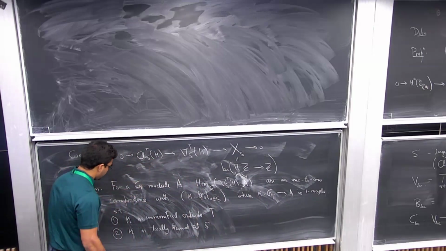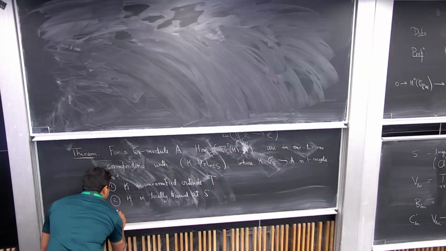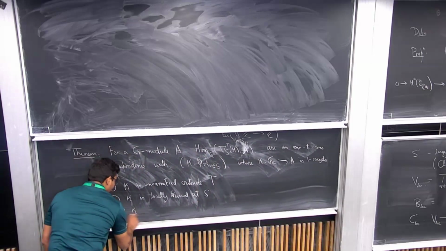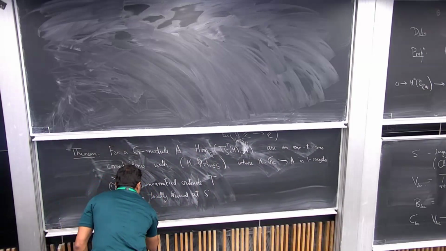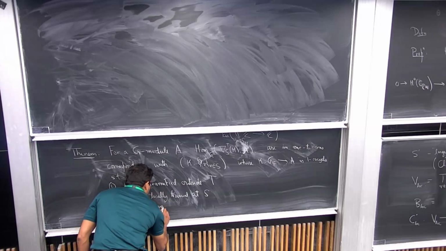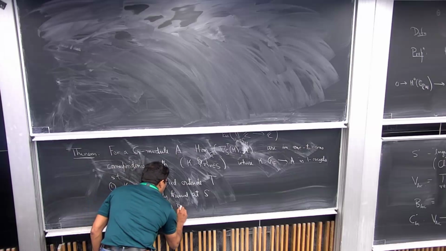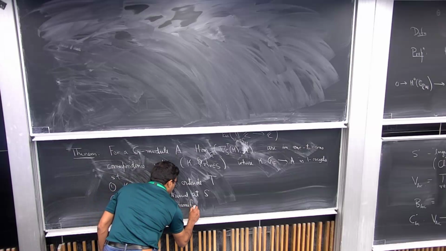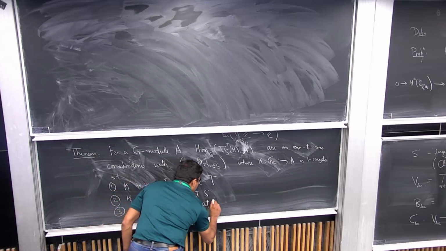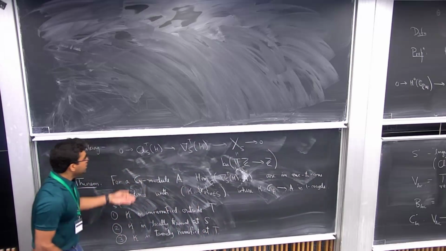Let me write the third. And two more things, but let me write this first: is tamely ramified at T, right? And so what does this class group correspond to?